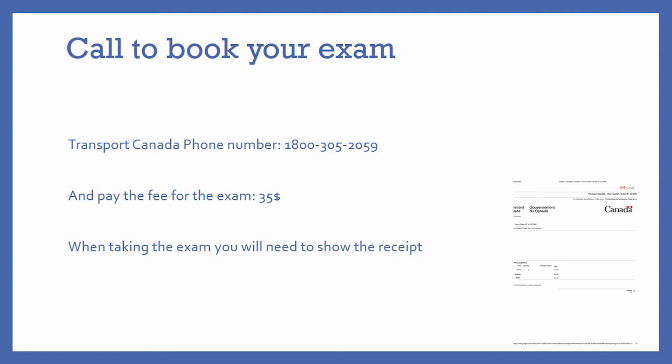The cost of the exam is $35. You will need to call Transport Canada and pay over the phone. You will need to show the receipt when you take the exam. If you wish to convert your instrument rating, you will need to do another exam and to pay another $35.